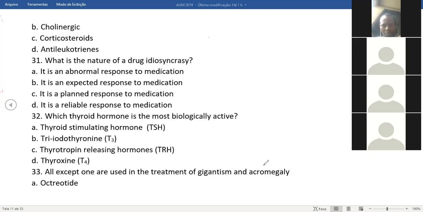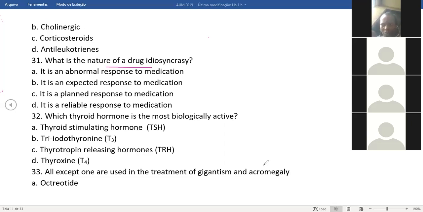What is the nature of a drug idiosyncrasy? It is an abnormal response to medication. Yeah, that's it.